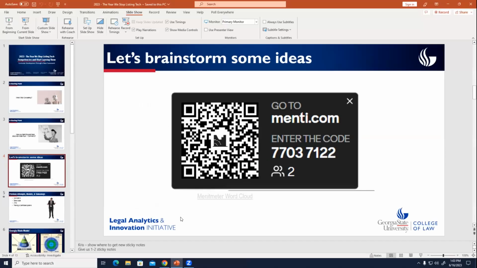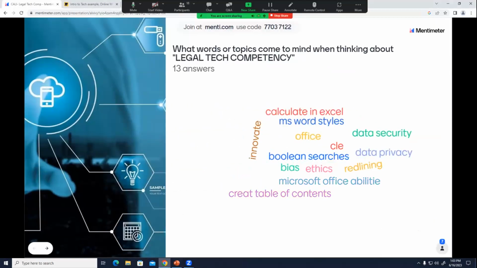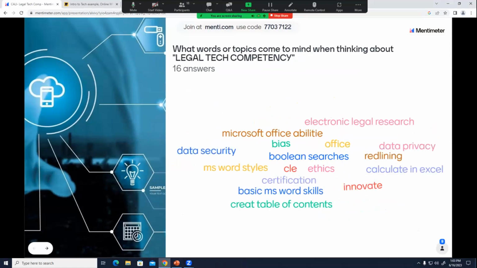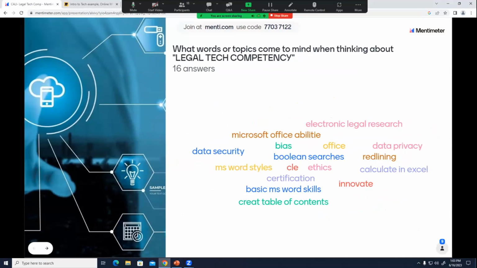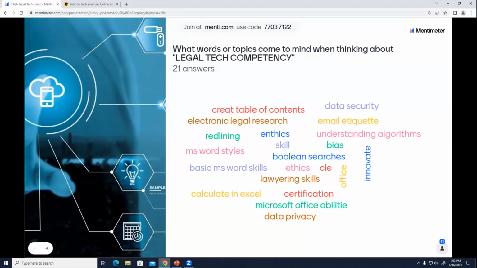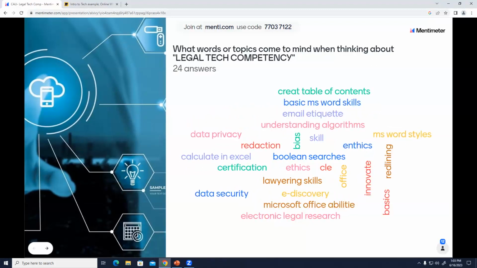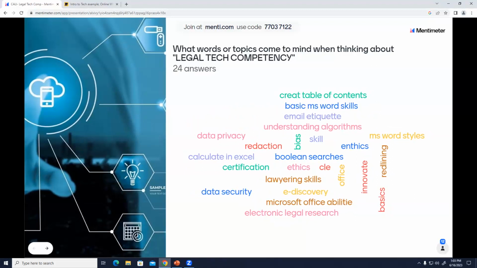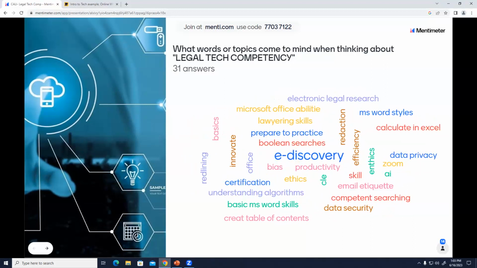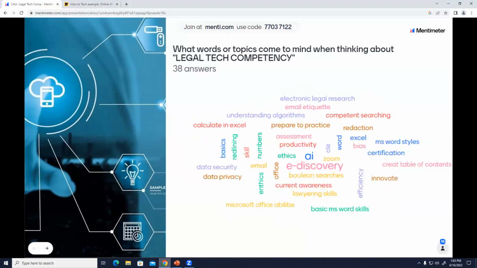So you guys are making a word cloud about what is legal tech competency. And you can see that there are a lot of different things that come into that. Keep going. Play along at home. E-discovery is getting bigger.